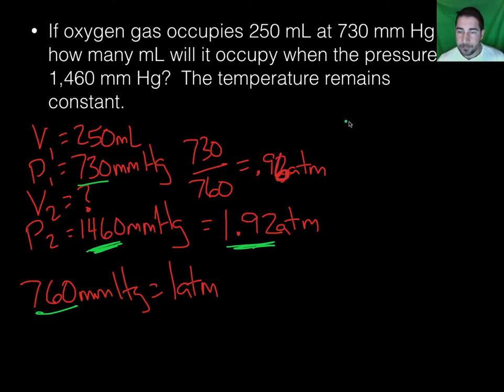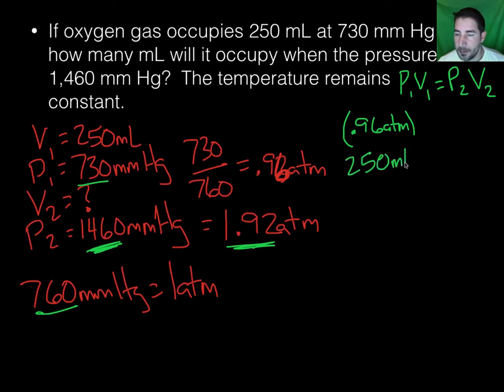All right? Then we just do our formula. We had P1V1 equals P2V2. So my P1 is 0.96 ATM. My V1 is 250 milliliters, which I'm going to write right underneath since I'm running out of room here.